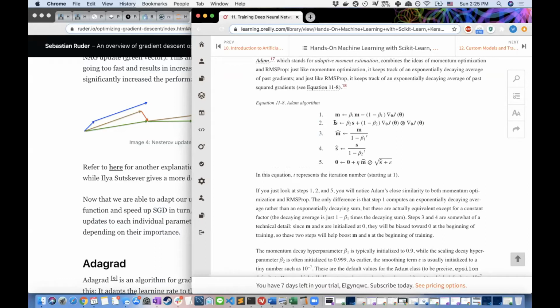And this is your S, which is your previous S times beta 2, usually 0.999, plus 0.001 times the square of your current gradients. And then you feed this into this equation and divide by 1 minus 0.9 to the power of your current iteration.